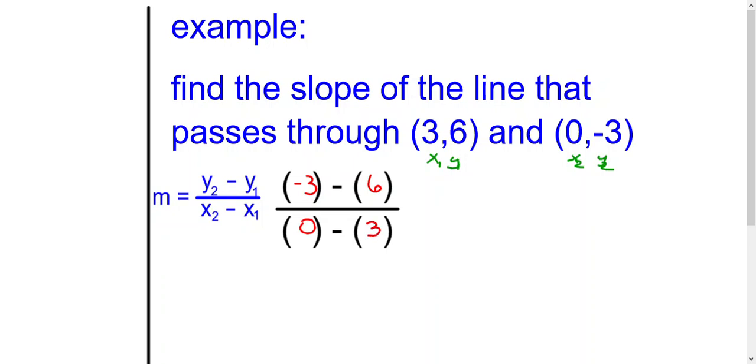Now I can do the math on the numerator and the denominator and then put them together into a fraction. I have negative 3 minus 6, which is negative 9, over 0 minus 3, which is negative 3, and simplify it to get 3. You can do this in your calculator.